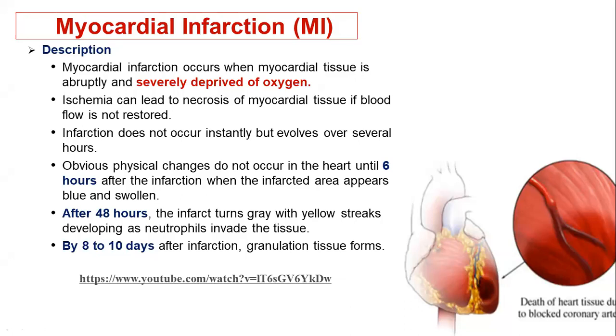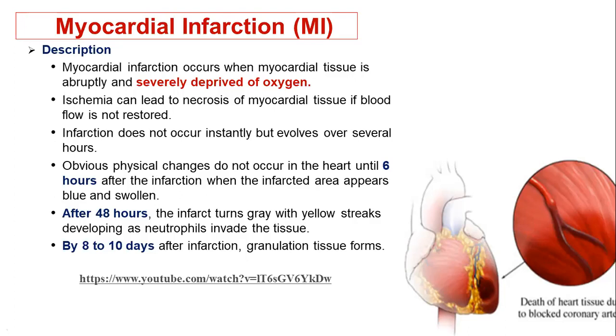They need more treatment. So ischemia occurred. First of all, ischemia can lead to necrosis, and infarction does not occur instantly but evolves over hours. So if we check, some hormonal change or cardiac enzyme will fluctuate or change, right?